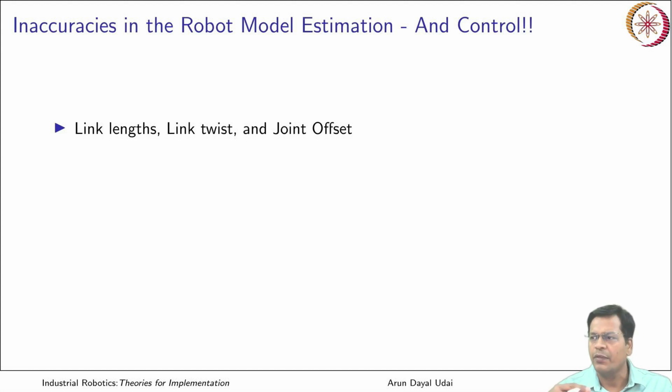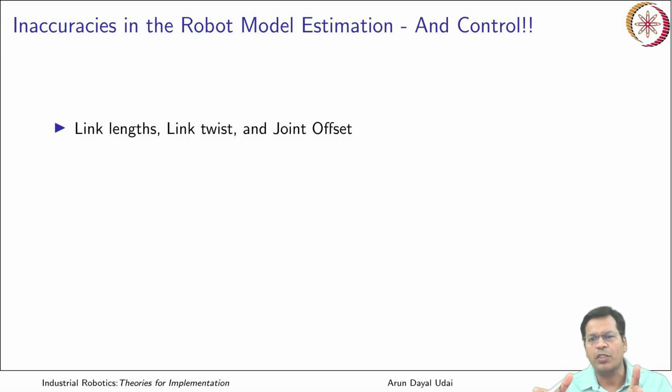If I have given a dimension of 600 mm, it may be that the distance between two joints is not 600 mm but 600.5 mm. Similarly, we may have designed two axes to be 100% parallel.